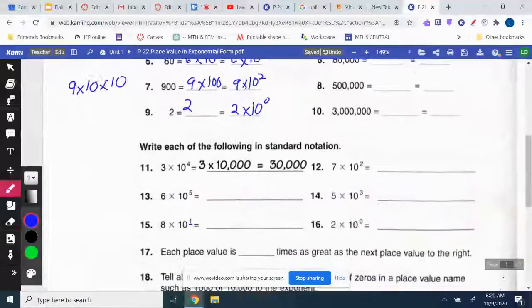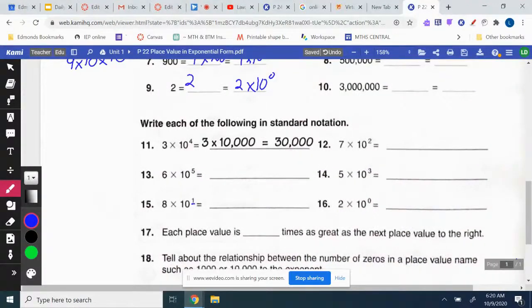Now they want us to reverse it. They give us the exponent form, and they want us to write it in standard form. So they want us to get eventually to a regular number that you use all the time. So let's look at this. I have 5 zeros. So I'm going to go 6 times 100,000, and that'll give me 600,000.